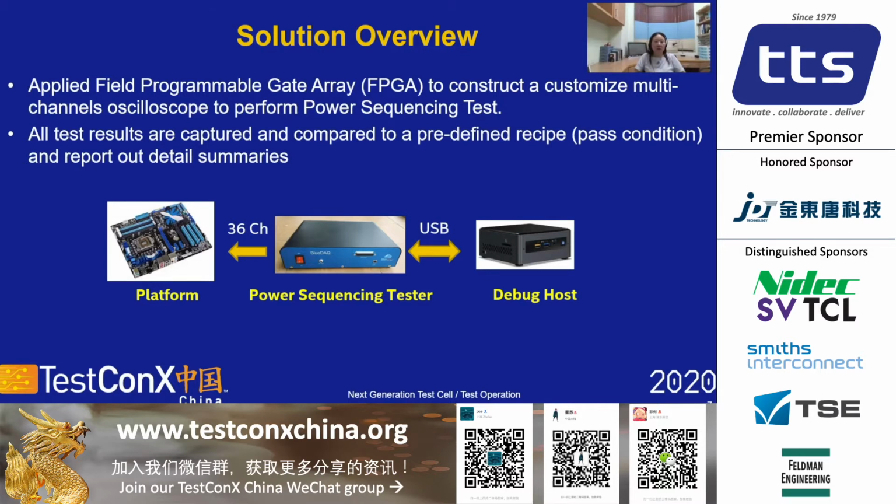And then all the test results are captured and compared to the predefined recipe, which means we can predefine the design power rules and then determine the pass or fail condition. So we can auto generate an HTML or PDF report and detail out those signals and result summaries.